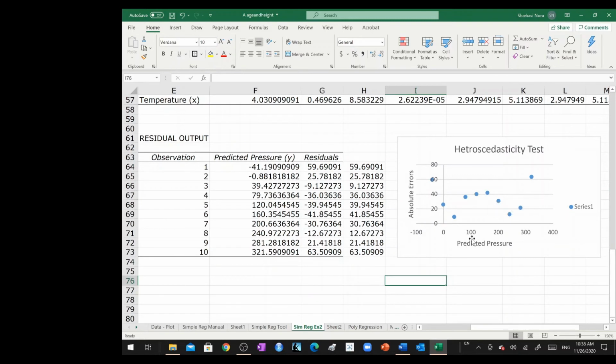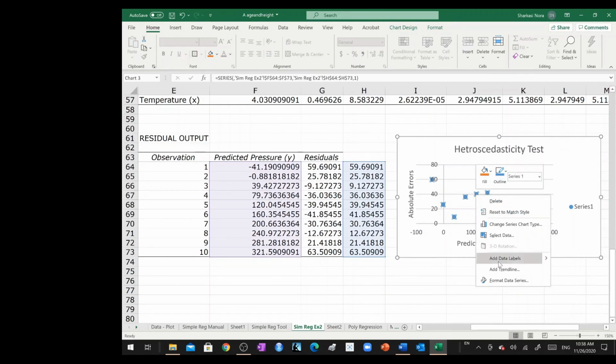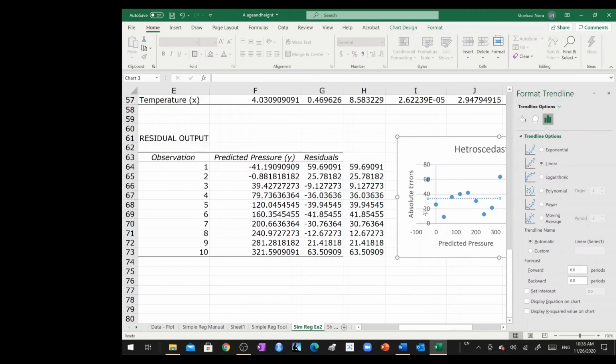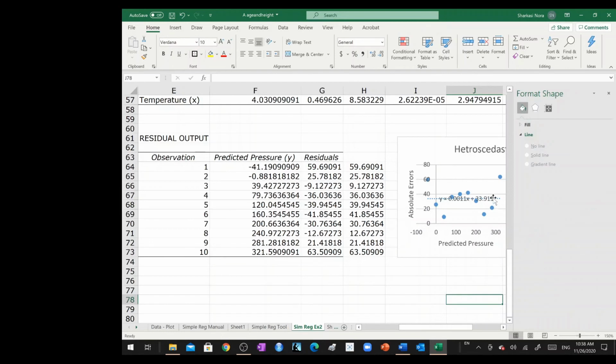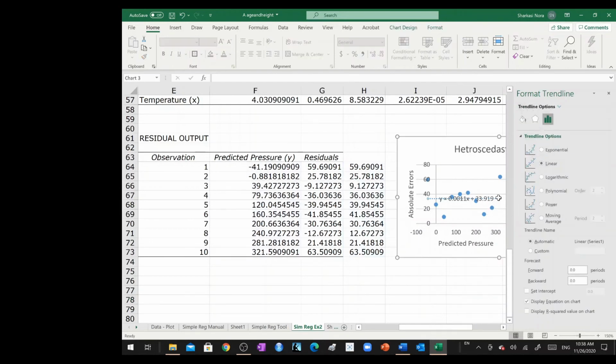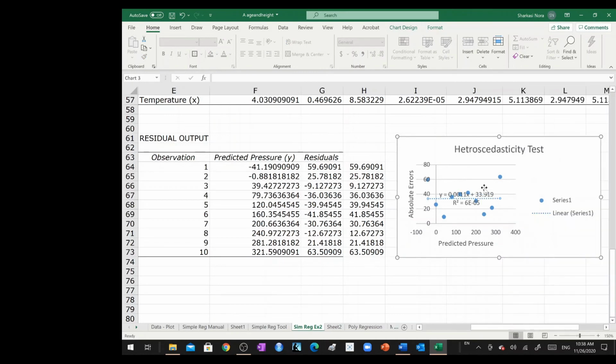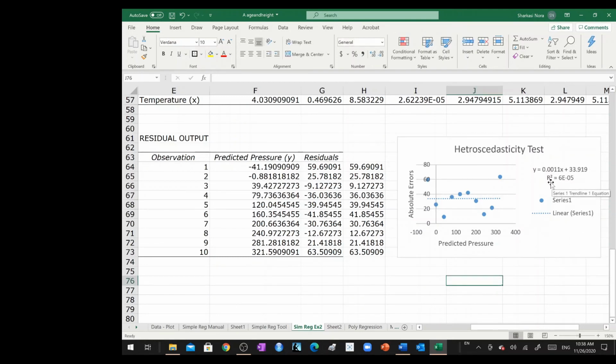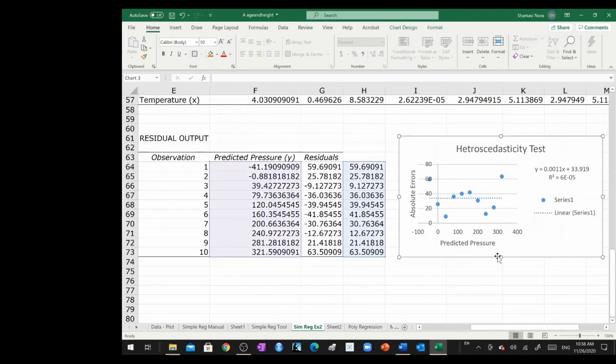And then here, we try to find out if we could, in fact, have a significant linear model. So this means testing whether the absolute errors are dependent on the predicted pressure. Here is the R squared, and I have a very low R squared.